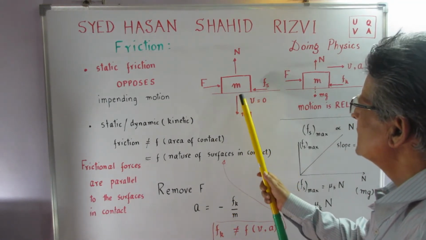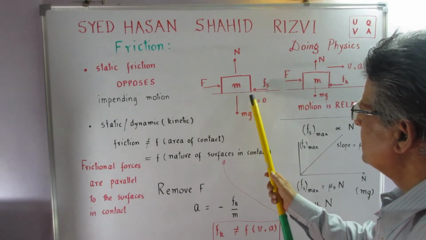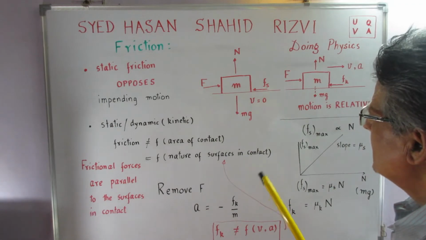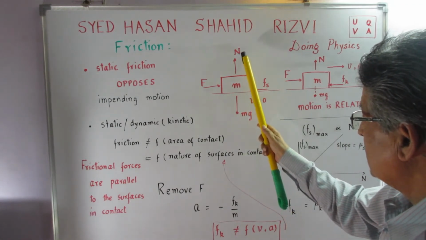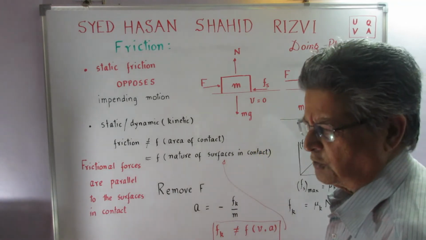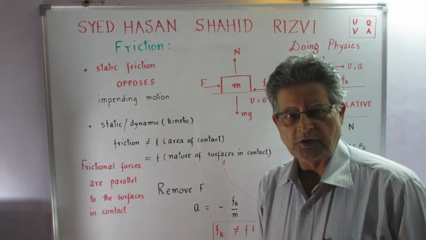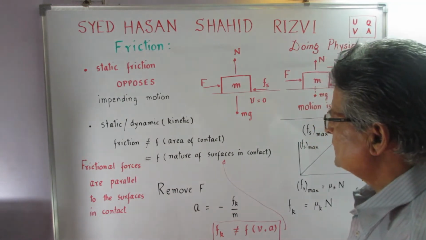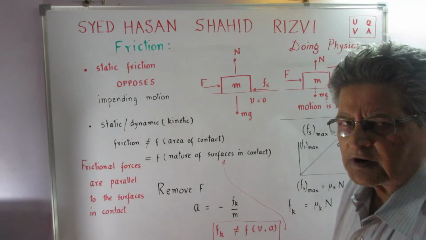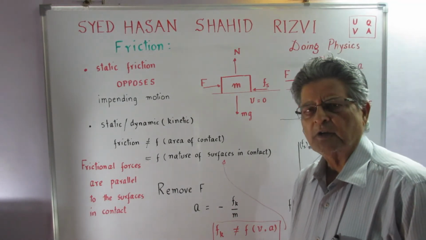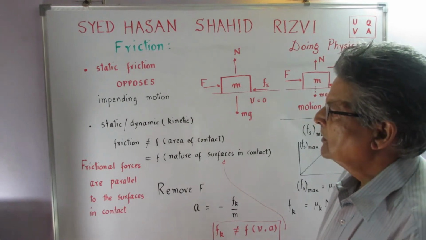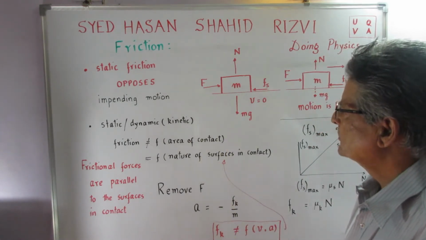One is the normal reaction force because of the table or the surface, and there is of course a force because we are doing the experiment on the surface of the earth. So due to the gravitational field of the earth, there is a force mg down towards the center of the earth. Okay, so we concentrate on that point.